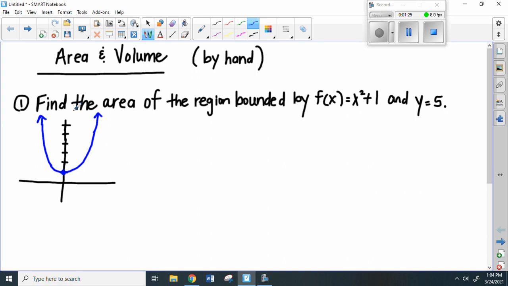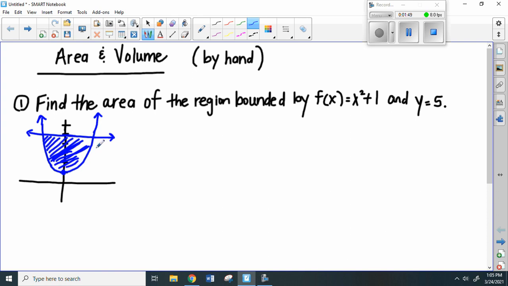All right, and then I'm also going to use the line y equals 5, which is a horizontal line through 5. 1, 2, 3, 4, 5. All right, and so that is here. And when I say bounded, that's another way of saying enclosed by. So it's the region that gets enclosed or closed up, all right, by these two graphs.